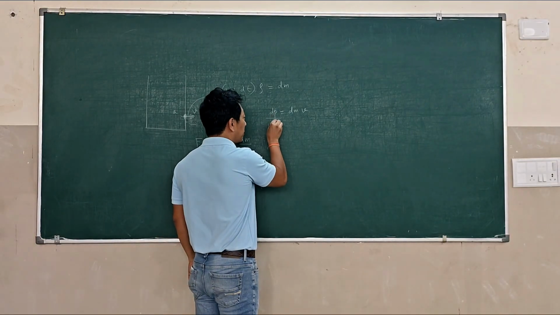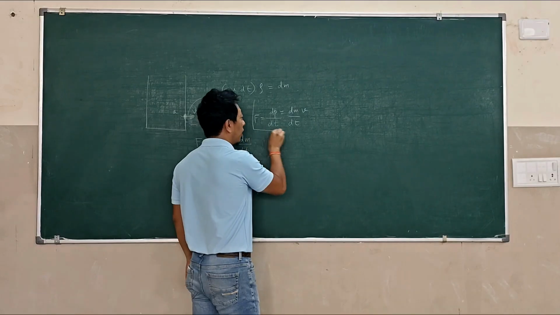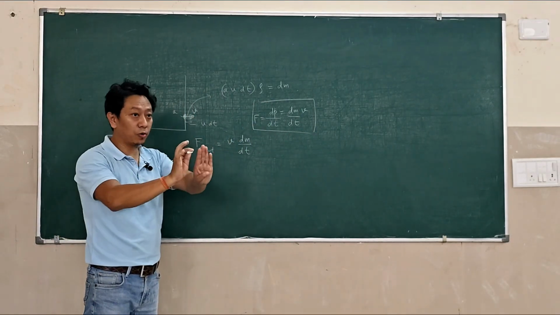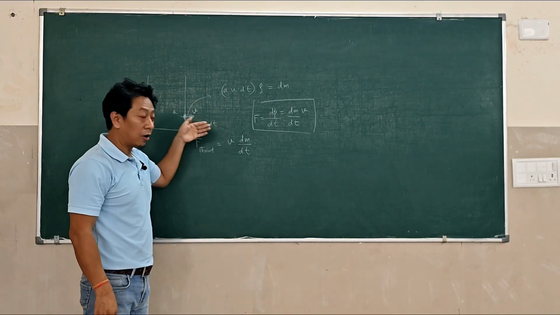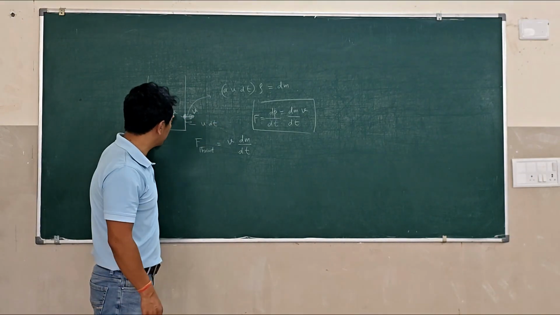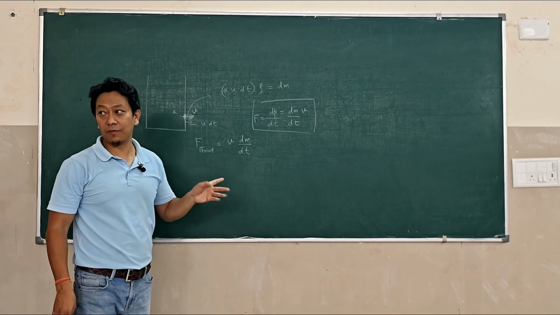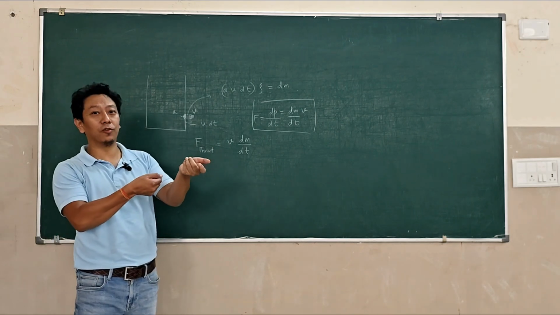Change in momentum divided by time, that is your force. From which law? Newton's second law. So this is the thrust force on this part of the liquid. Now if liquid is feeling this much force from the tank, tank will feel what force? Same force in opposite direction, that you remember. So this is also the reaction force.